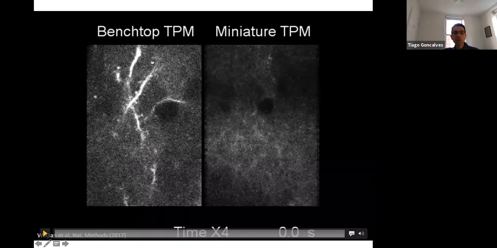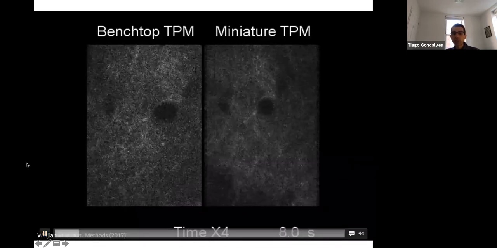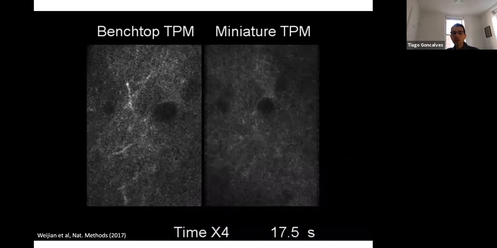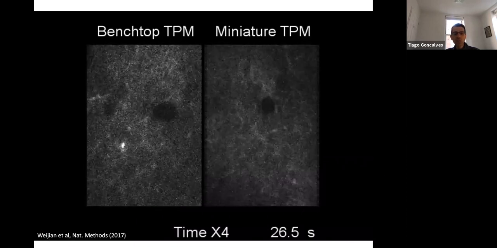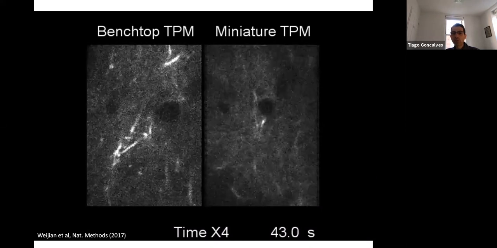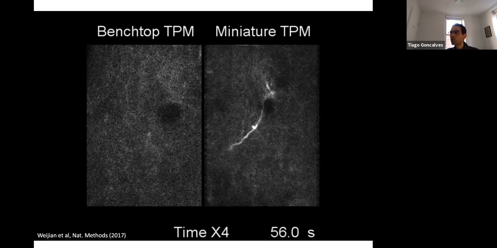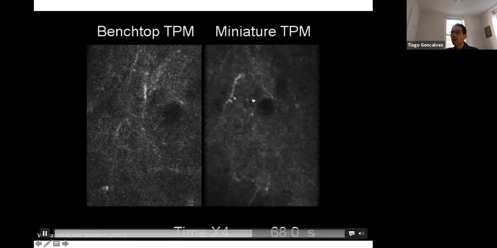And they have an example of a normal 2-photon microscope and a miniature implanted 2-photon microscope. And you see here, I think this is calcium imaging. I forget now. But I think when you see the flashes, you're actually seeing individual synapses, right? You see the individual spines here on the right.